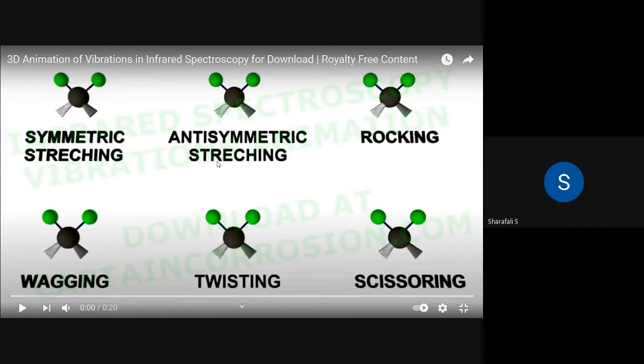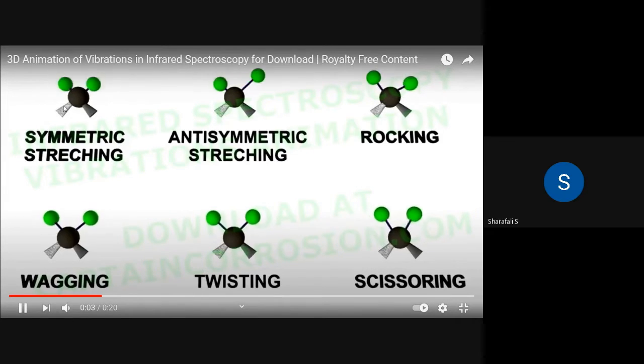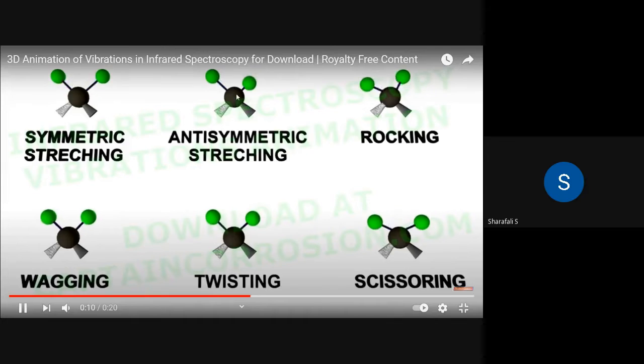Okay, and I will show you how it is happening. If you focus on the stretching mode, we can see these 2 atoms are stretching from the central atom in equal amount. So this is called symmetric stretching. In the second case, you can see the stretching of these 2 atoms, in green color, is not in equal amount.